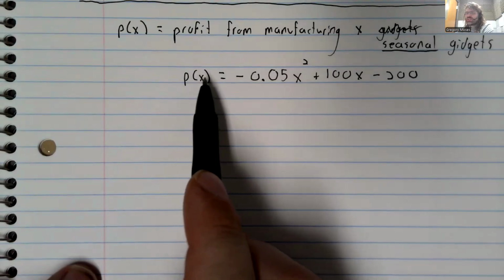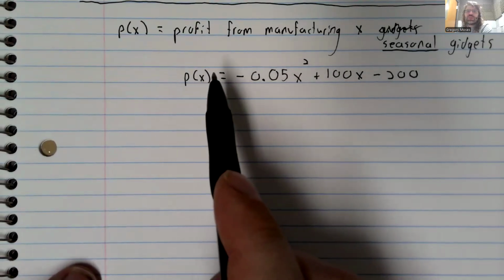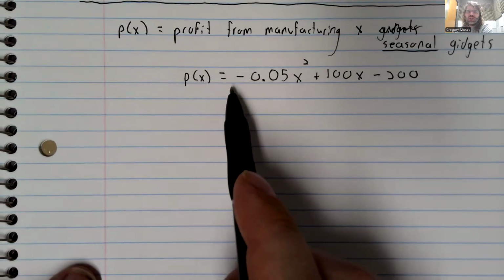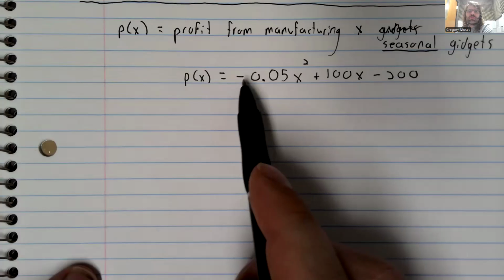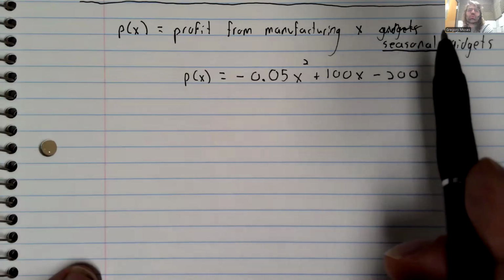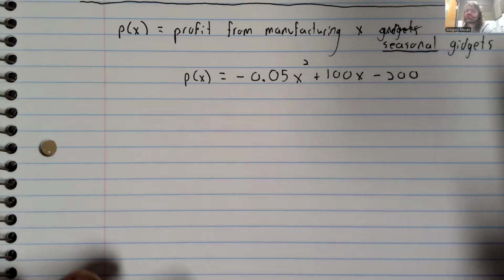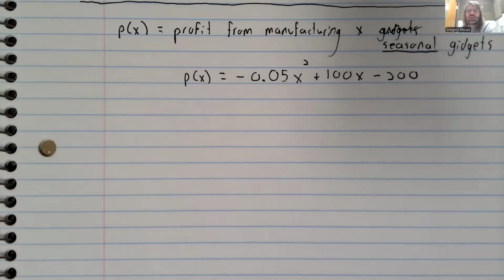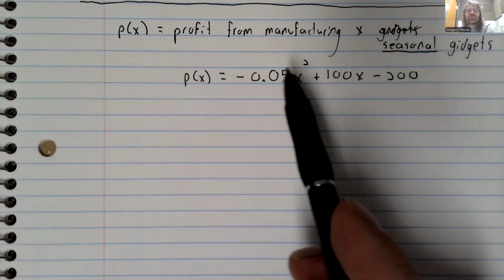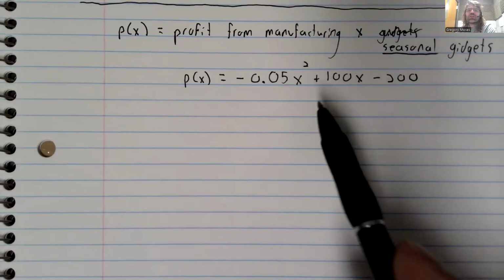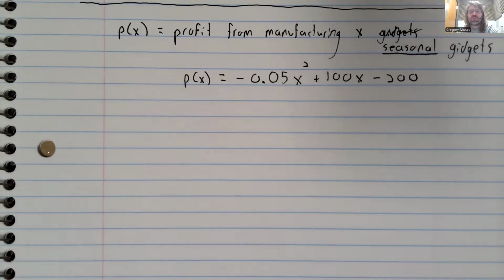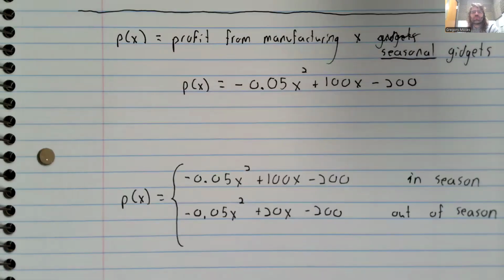Well, is this profit function going to be the same in July as it is in December if we're manufacturing swimwear? Probably not, right? So it no longer makes sense to have a single profit function. Instead, we could think of having two profit functions. Behold, a piecewise defined function.